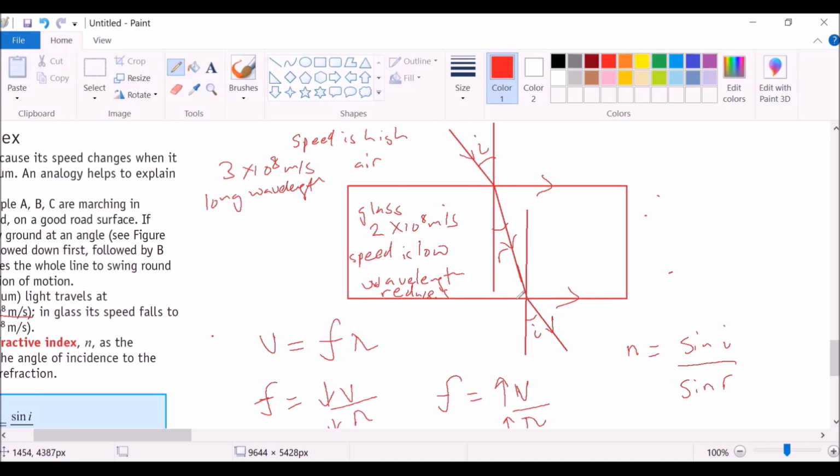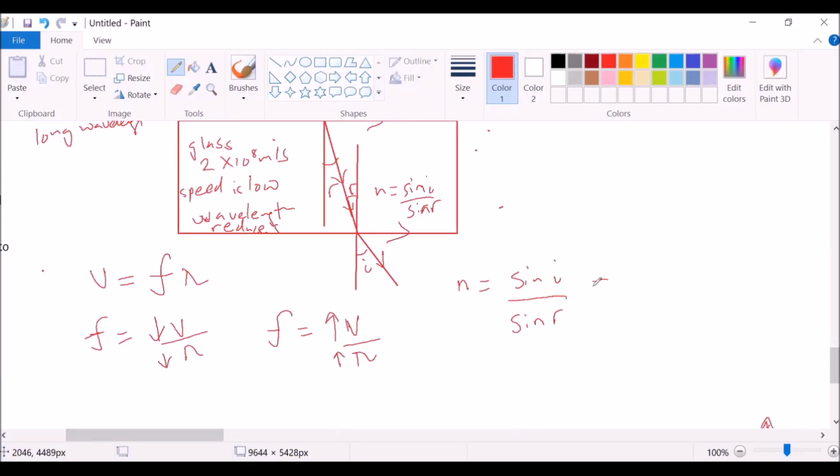Now, remember, when it's leaving the dense medium to the less dense medium, it's the reverse. So if this one is r and this one is i, it will be n is equal to sine i over sine r. Remember that i is now the angle of refraction and r is the angle of incidence. So it will be the reverse.